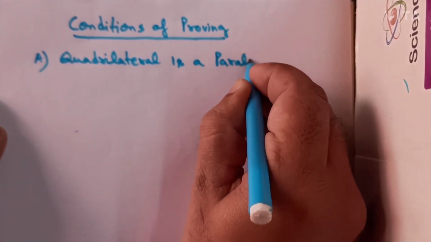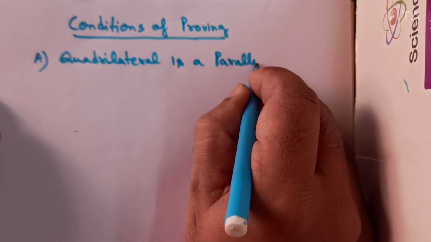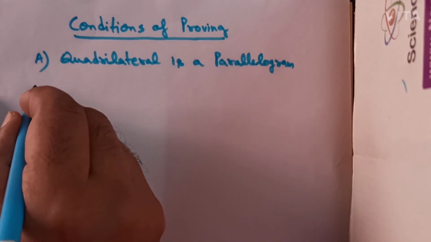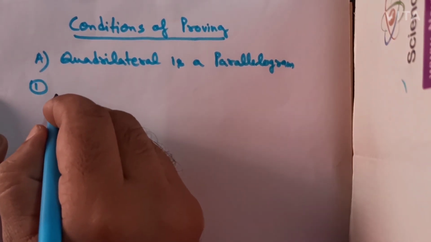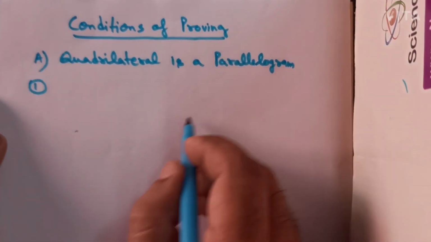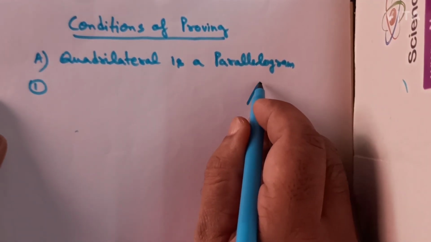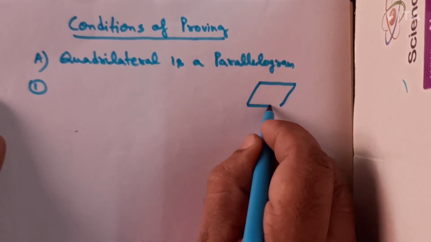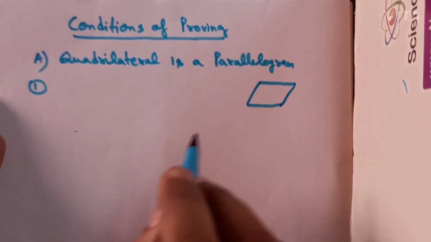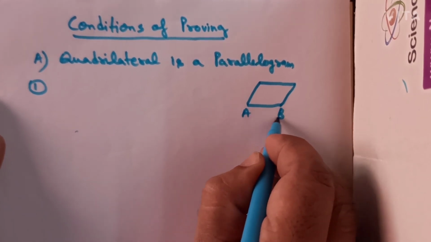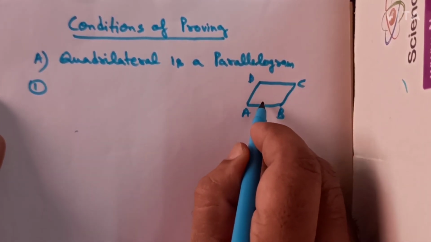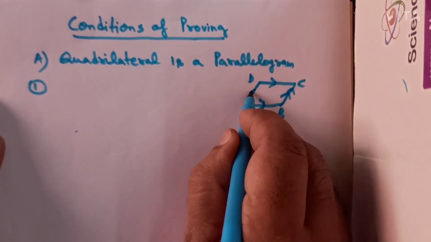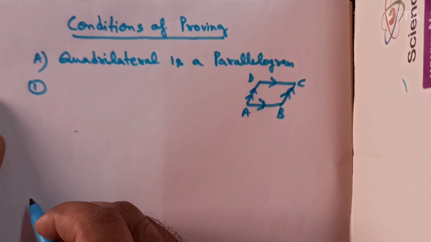So how can we prove that a quadrilateral is a parallelogram? First point: if we have a quadrilateral and we don't know whether it is a parallelogram or not, and we know that both pairs of opposite sides are parallel to each other, then it is a parallelogram.